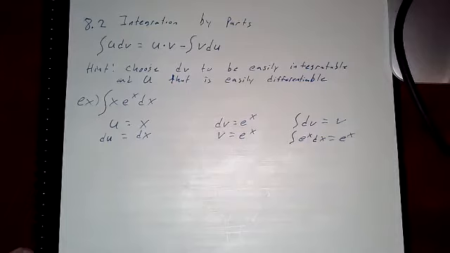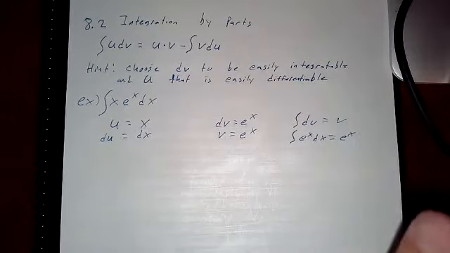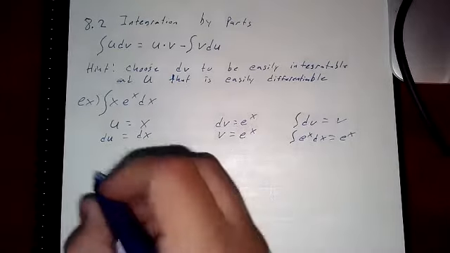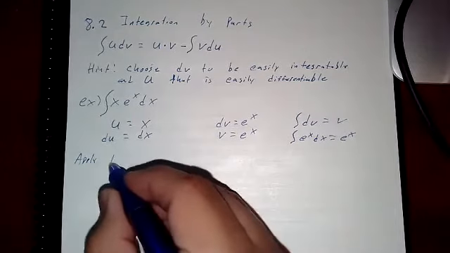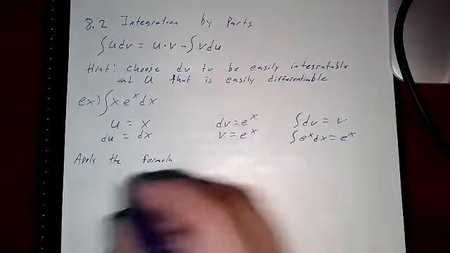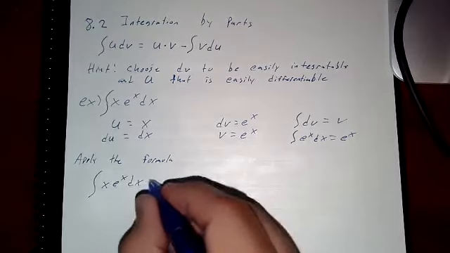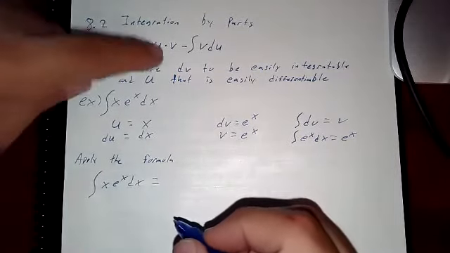So apply the formula. And we're not going to worry about the c's. I know some of you are wondering, where's the c though? We will do that at the very end. We'll tack on the c. So the integral of x e to the x dx will be equal to u times v. This is the formula.